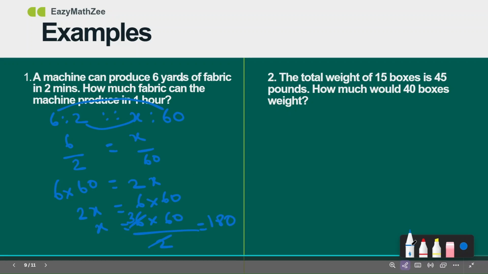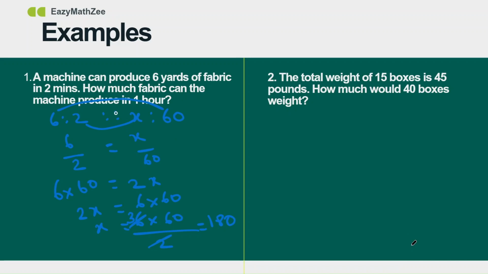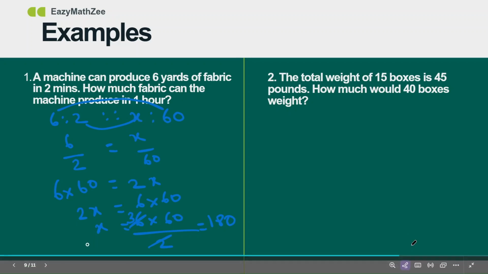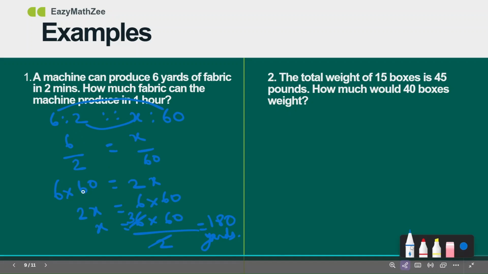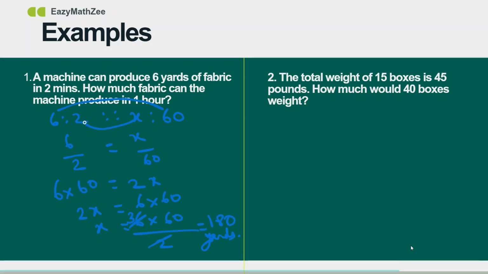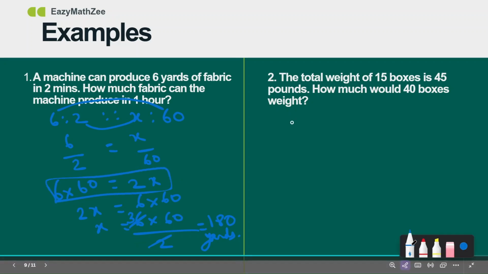That means how much fabric did the machine produce in 1 hour? 180 yards of fabric. What did we do? We used the proportion formula: product of means is equal to product of extremes. That is what we have put here, and from that we have derived the answer.